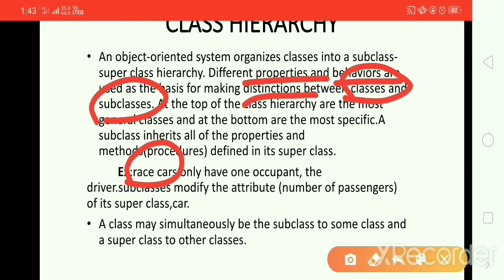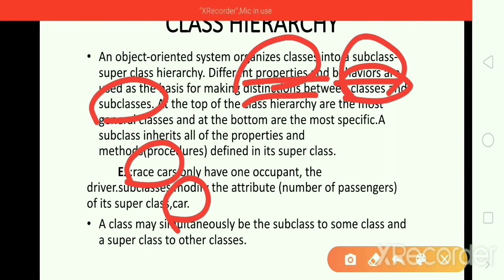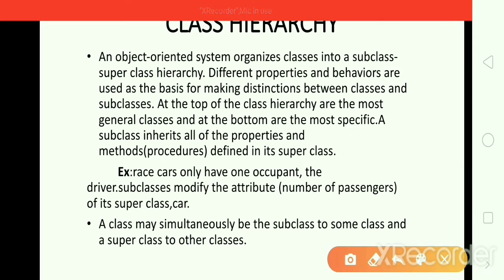Here this is the race car, it is the subclass, and car is the superclass. To distinguish between classes and subclass, different properties and behaviors are used. At the top of the class hierarchy are the most general classes, and at the bottom are the most specific.